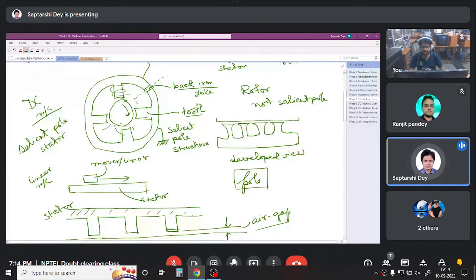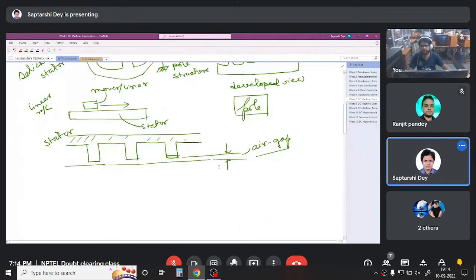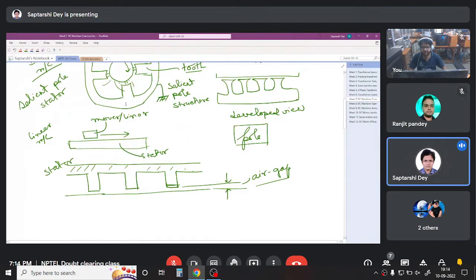So there must be some gap in between them, otherwise this cannot rotate. So this gap is called the air gap. Do you have any idea how long this air gap is? How much gap is there? Can someone guess between these two?